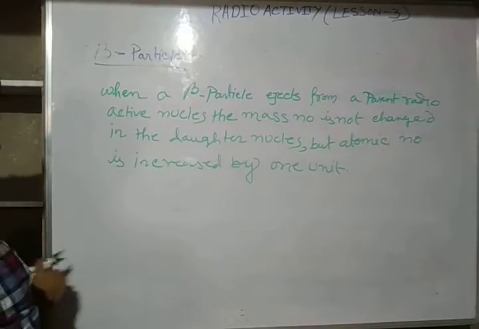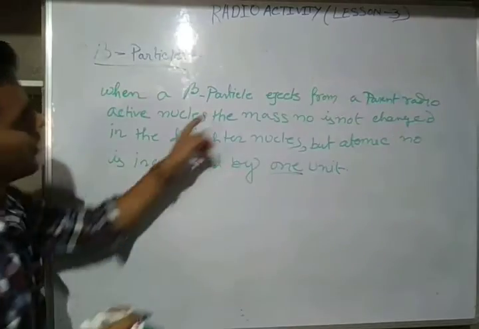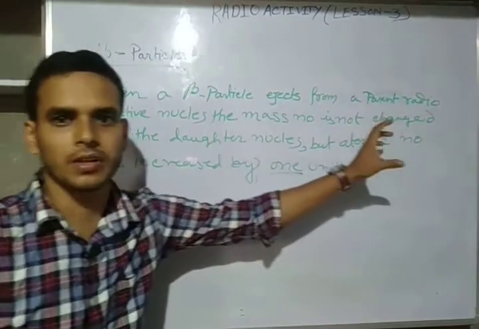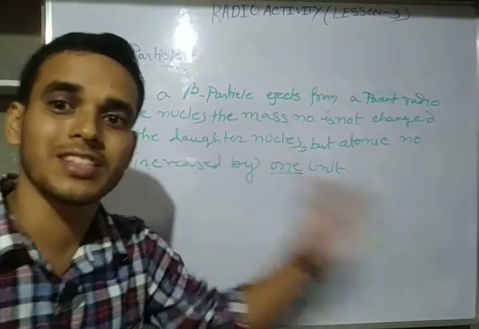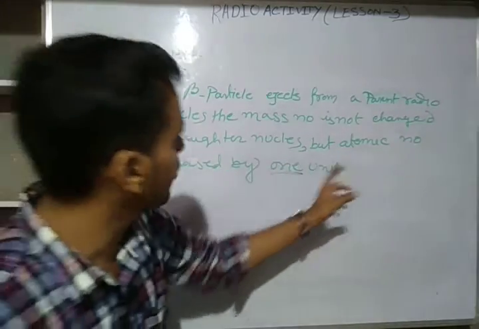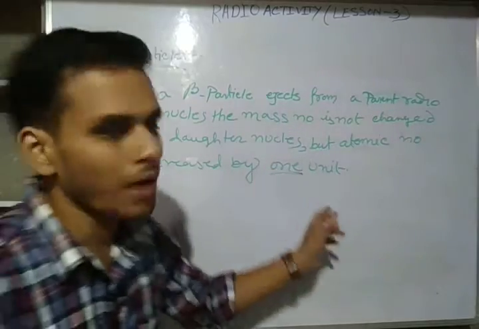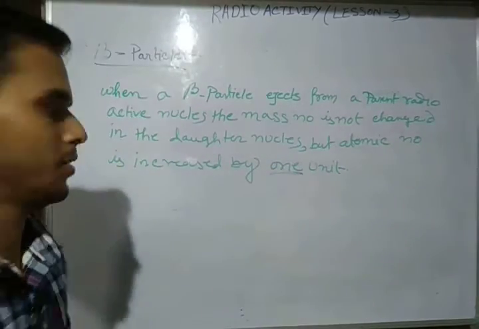Okay? But when a beta particle ejects from a radioactive nucleus, the mass number in the daughter nucleus does not change, remains same, but the atomic number is increased by 1 unit in the daughter nucleus.